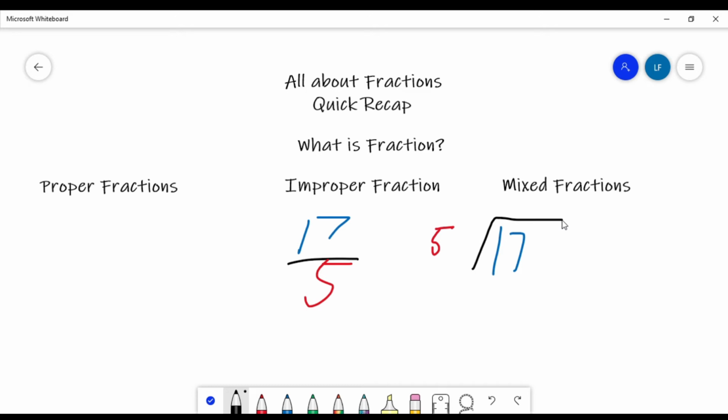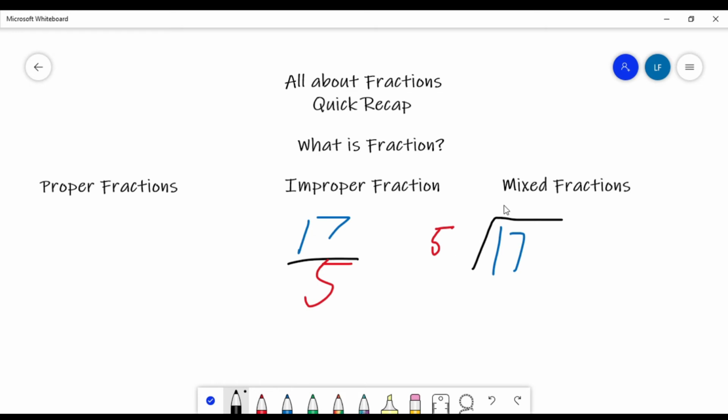Then what do we do next? We can go further. 5 times 4 equals 20. Now we need to find the number closest to 17 that is smaller. 20 is larger than 17, so you go for 15.